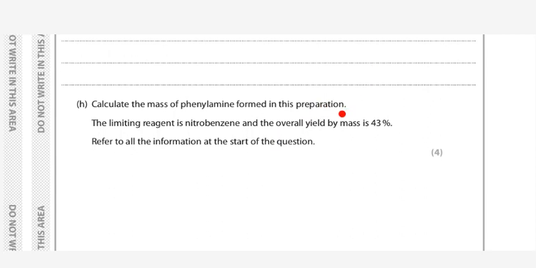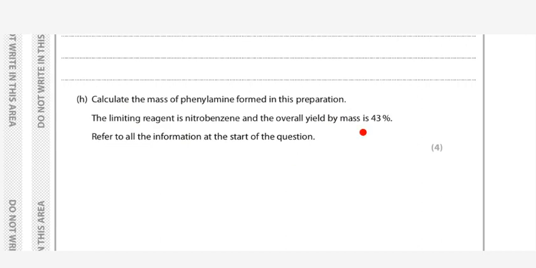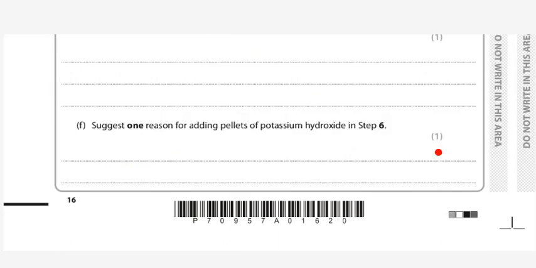Calculate the mass of phenylamine formed in the preparation. The limiting reagent is nitrobenzene, and the overall yield is 43%. So you have nitrobenzene and phenylamine. The first step is to see what data is given. It's 43%.